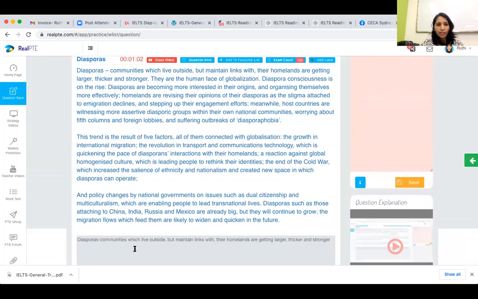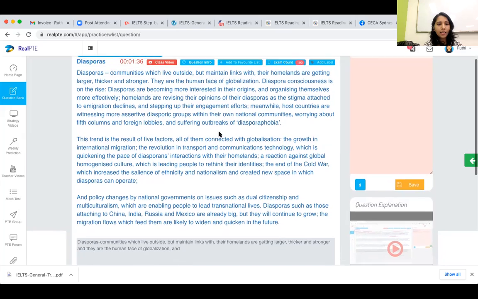Or maybe I combine it because my sentence seems to be quite short. I combine it with the sentence, okay, so here I put "they", or I put "and". It's just to combine. They are the human face of globalization. Now I put my comma, space, I put my first connector, which could be "and". Okay, now I'm going to use my second sentence.